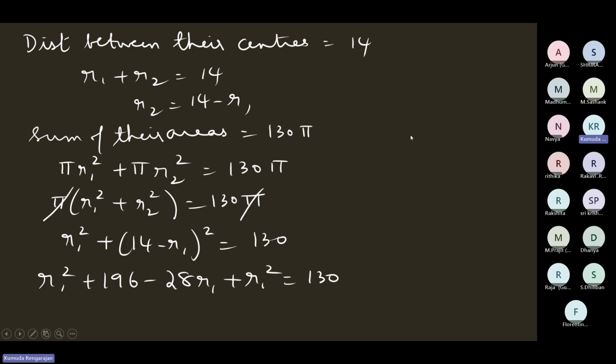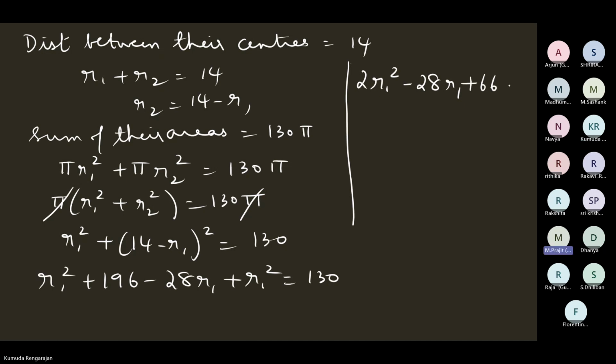So what's the equation we get? Two R1 square minus 28 R1, and then 130 on the other side, right? So 66 plus 66. Am I right, children?